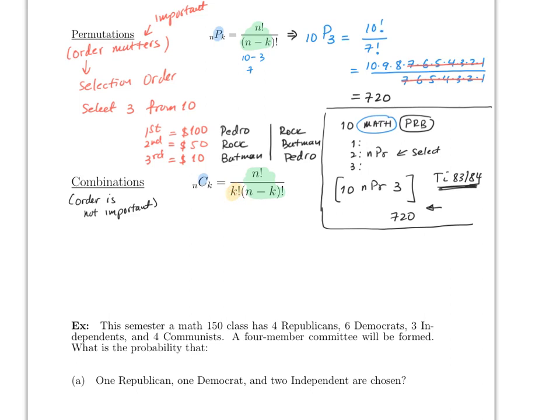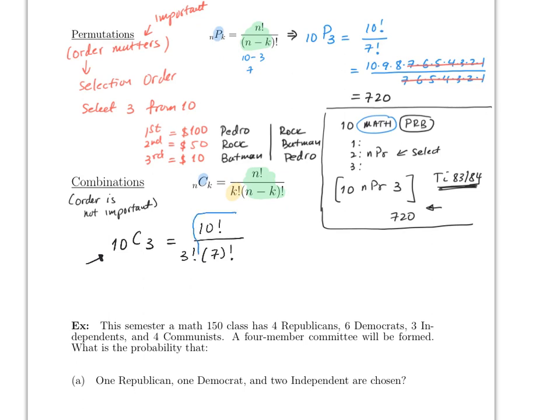Let's do the same example. Let's say you're choosing 3 from 10, but now the order is not important. This is usually spelled 10 choose 3. So then this will be 10 factorial divided by 3 factorial times 7 factorial.